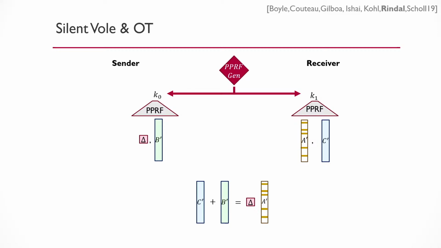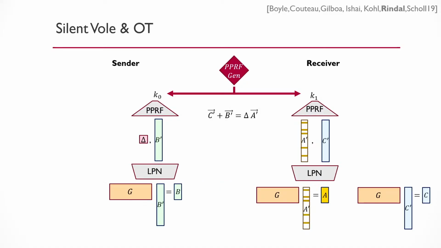Okay, so we now have an idea how to generate a secret sharing of a sparse vector times a scalar. And the last magical trick is how to go from the sparse version to the fully random version. There we apply a problem called LPN, or syndrome decoding, depending on your preference.